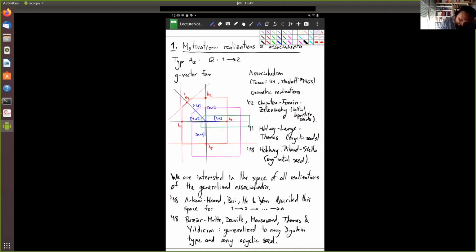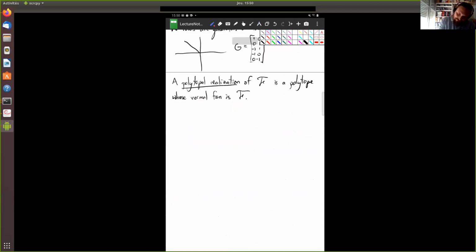So I have a set of inequalities, and then the generalized associahedron, this polytopal realization, is just the intersection of all these half planes given by a bunch of inequalities. But if I'm not careful, maybe I do this example again here.